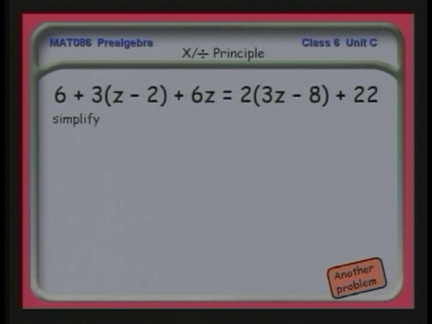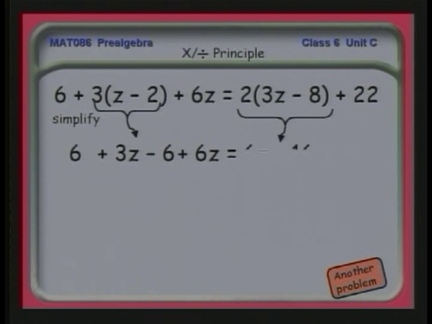Let's do that operation. I have the 6, then 3 times z is 3z, 3 times minus 2 is minus 6. Then I have the 6z that was just sitting there. Doing the distributive rule on the right, 2 times 3z is 6z, 2 times minus 8 is minus 16. Then I still have the 22. Now let's clean up a little bit more.